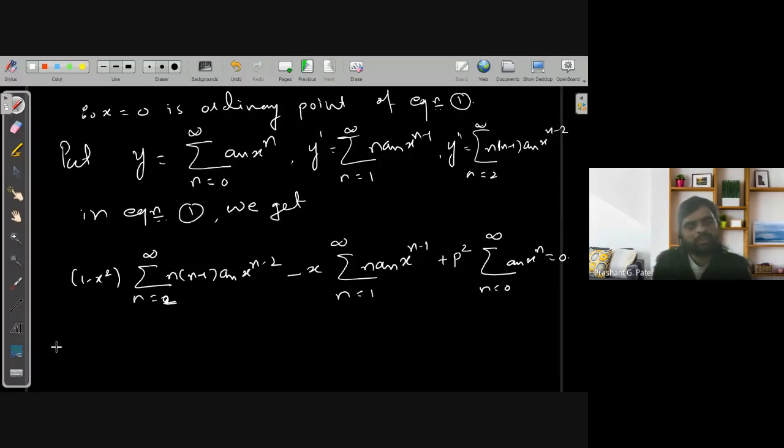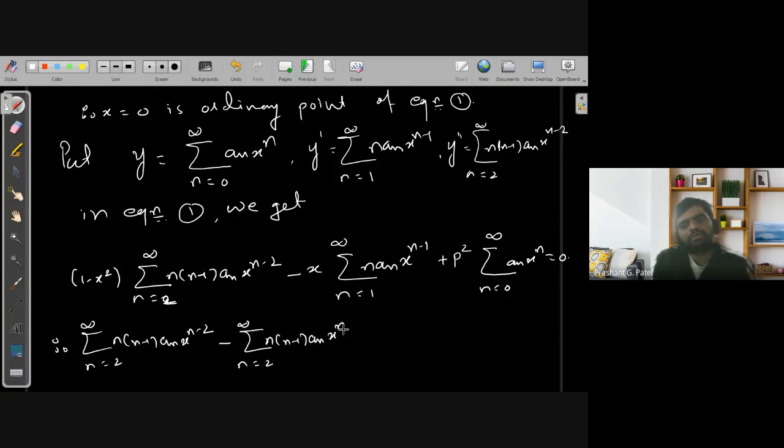This can be written separately: summation n from 2 to infinity n into n minus 1 a n x raised to n minus 2, minus summation n from 2 to infinity n into n minus 1 a n x raised to n, minus summation n from 1 to infinity n a n x raised to n, plus p square summation n from 0 to infinity a n x raised to n, equal to 0.